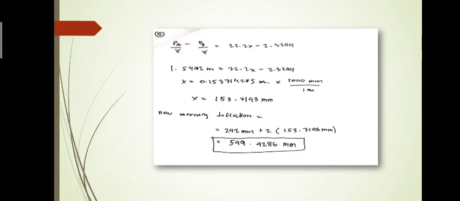Then new mercury deflection is equals to 242 millimeter plus 2 times the x, 153.7143 millimeter is equals to the 549.4286 millimeter. So mao na siya ang new mercury deflection.